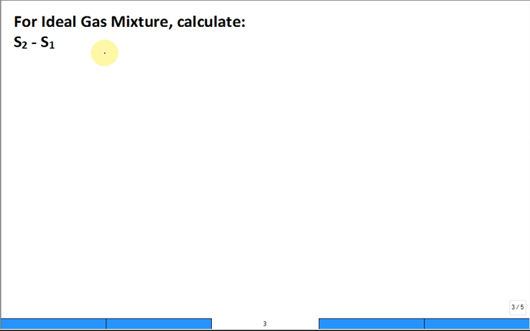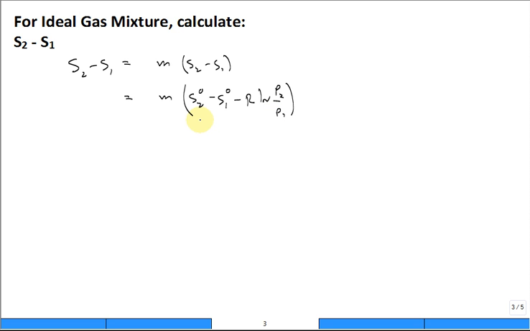So if you were asked to calculate S2 minus S1, it's going to be the mass times lowercase s2 minus s1, which is the mass times s2 naught minus s1 naught minus R natural log of P2 over P1. Do you remember that type of equation? Where s naught is the entropy at low pressure, a function of temperature only.